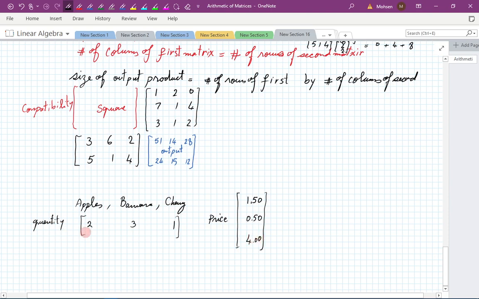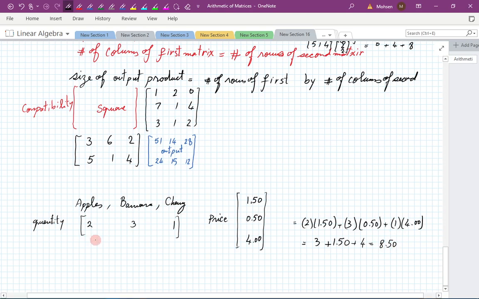So if I want to know how much my shopping list is going to cost me, well, of course 2 times 1.50 plus 3 times 50 cents, and then 1 pound at $4 per pound. So I'll have $3 for the first item, $1.50 for the second item, and $4 for the last item, and that's going to be $8.50. That is my bill.